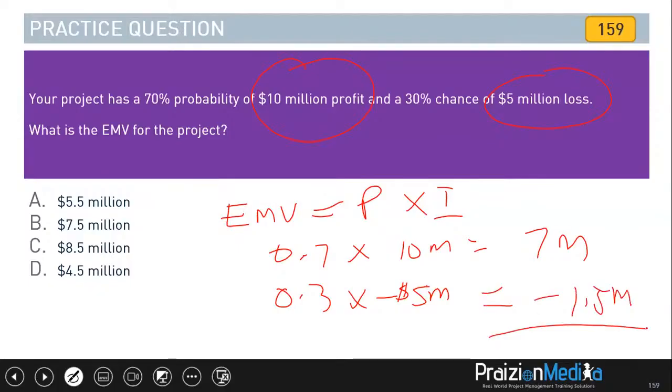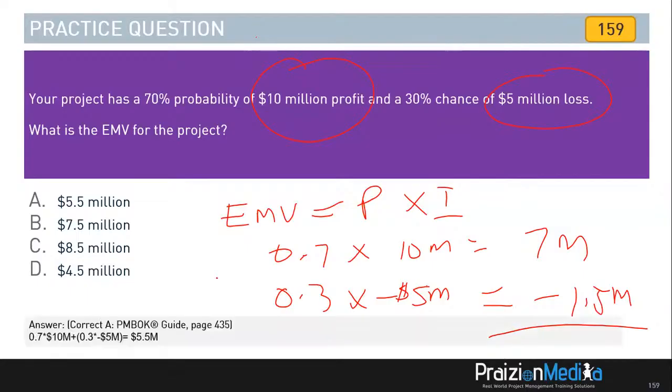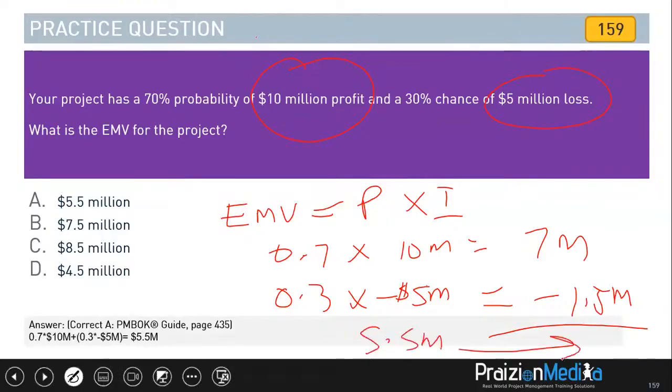You add them together, it becomes 7 minus 1.5. And from there, you derive the answer. Now, I'm curious, did you get the answer that I'm showing on the screen? The answer is 5.5 million when you do the addition of both variables. So the answer should be A.